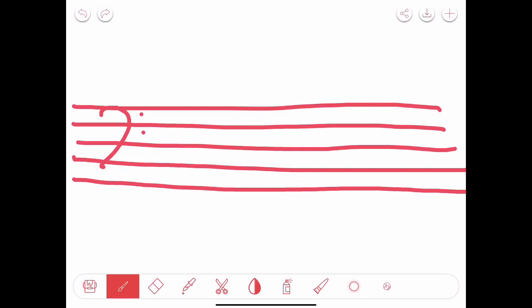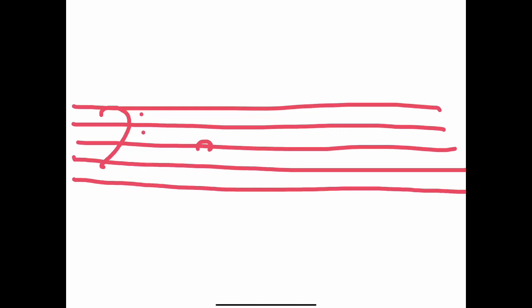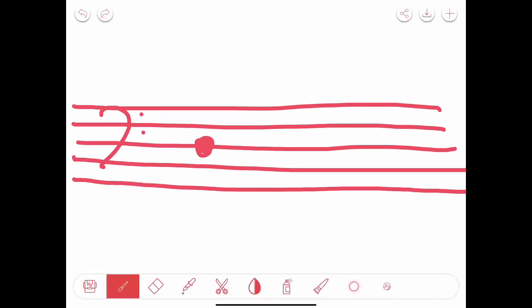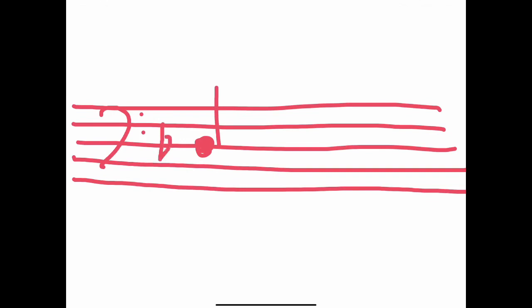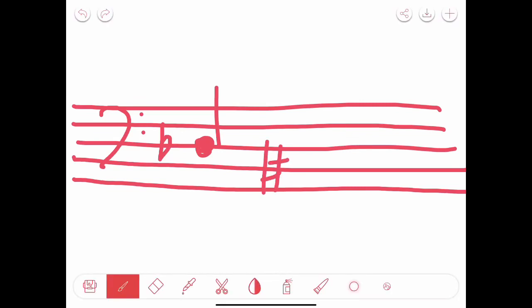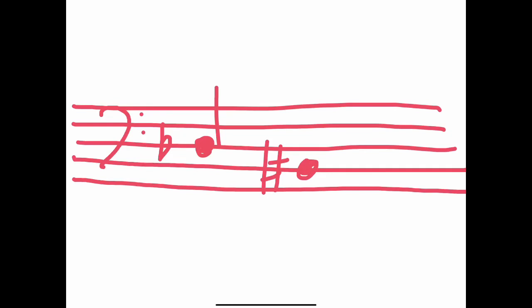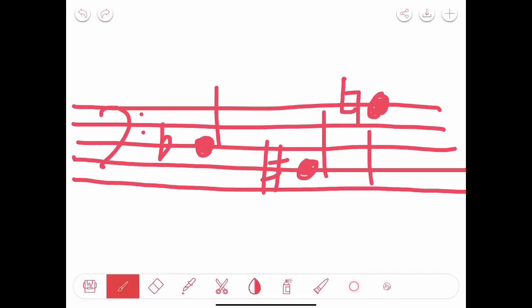If you need to do it on the staff, the accidental always goes in front of the note. So there it is. If we need to do this, we first do the accidental and then the note.